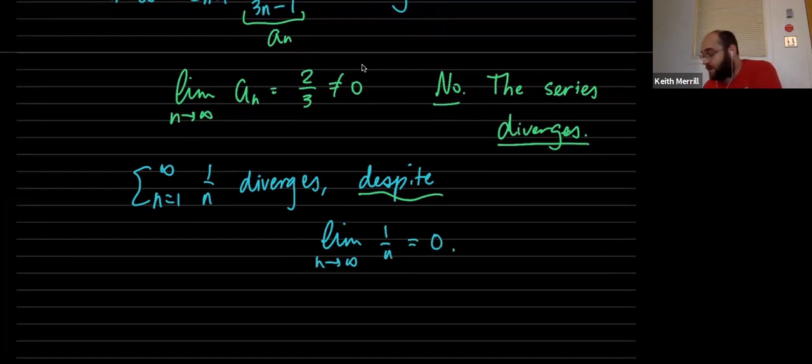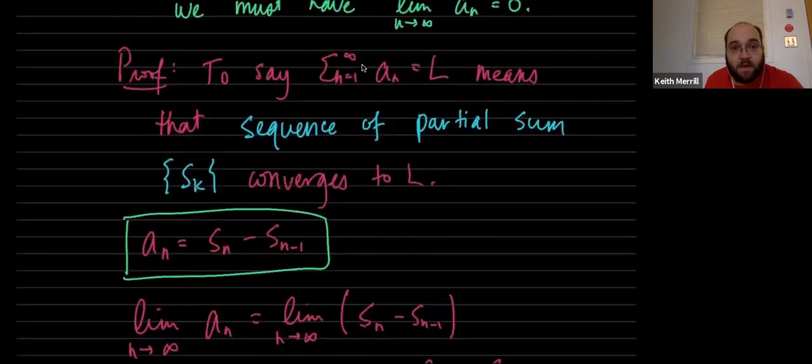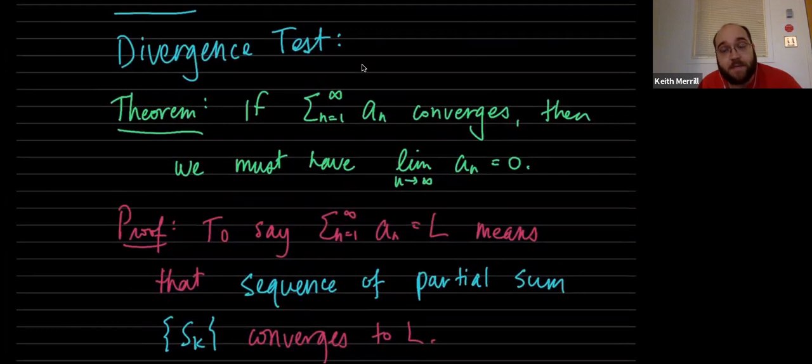But what it says is that if the terms don't go to 0, then the series cannot converge. I guess technically that's an equivalent but slightly different way than I originally stated. So let me say that one more time. The way we wrote this and the way it's stated in your book initially is that if the series converges, then the limit has to be 0. The logically equivalent statement to that, something called the contrapositive, is that if the terms do not go to 0, then the series has to diverge.